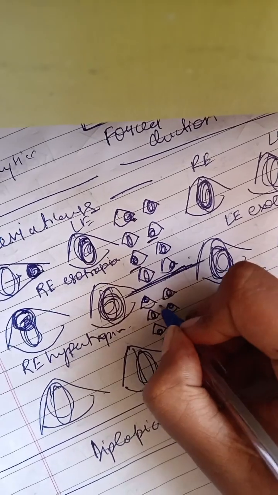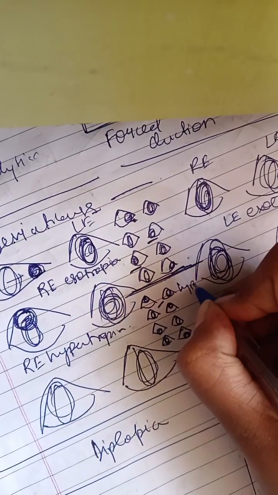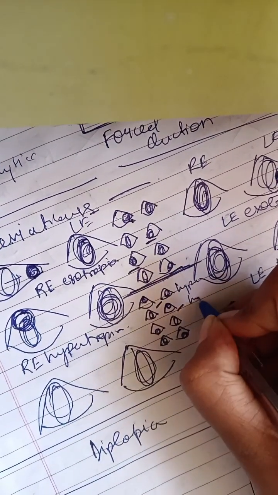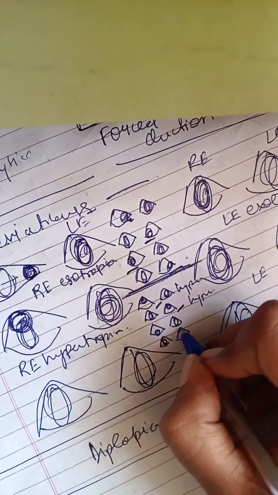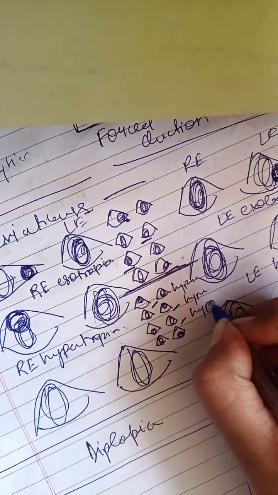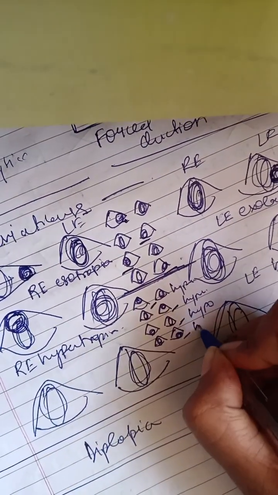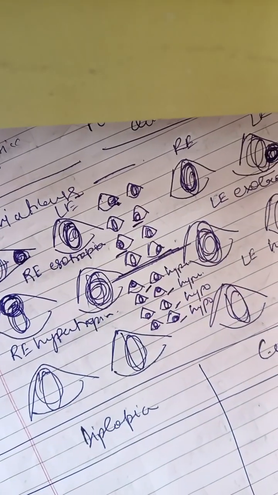So this is right eye hypertropia, this is left eye hypertropia, this is right eye hypotropia, and this is left eye hypotropia.